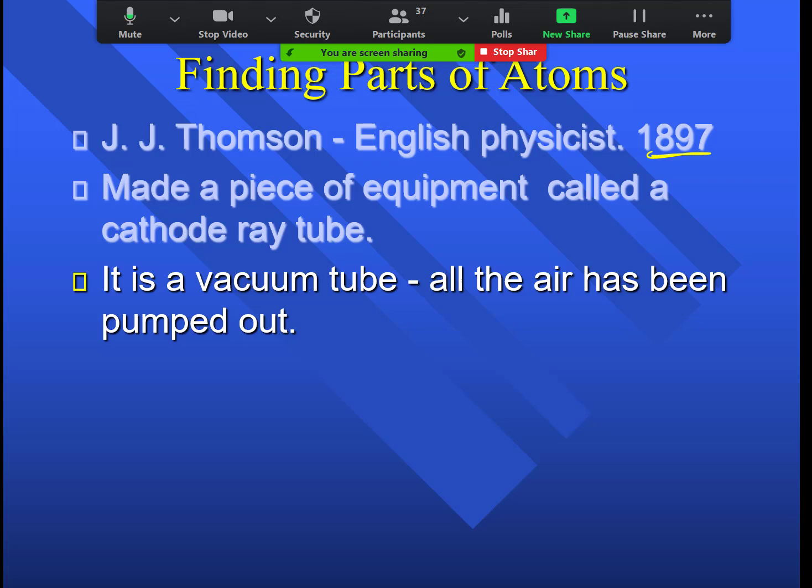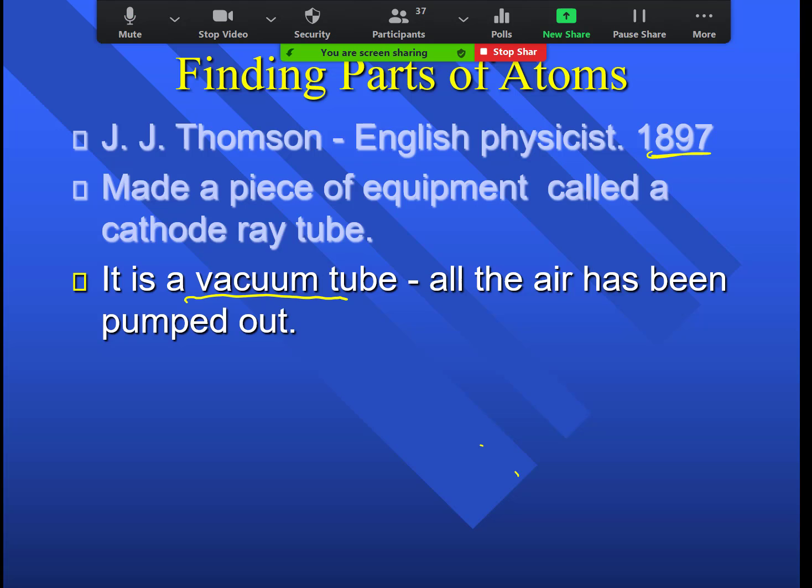So you start out with a glass tube, and then you suck all the air out of it. That makes it a vacuum tube. Because I spelled it wrong for 25 years, that's the right way to spell vacuum: one C and two U's. It's the only word I know that has a double U in it.